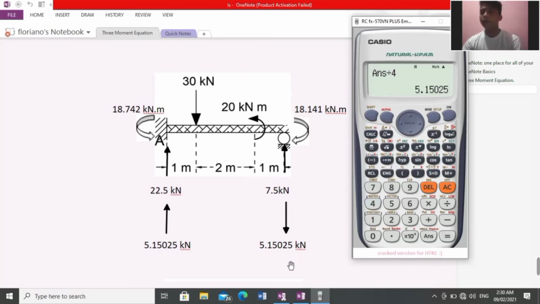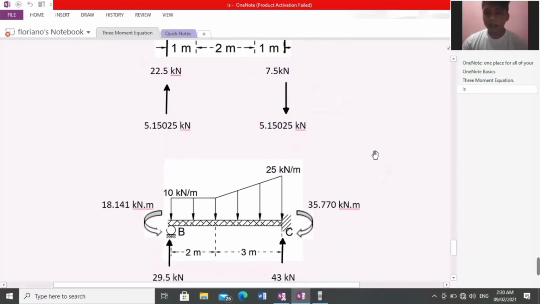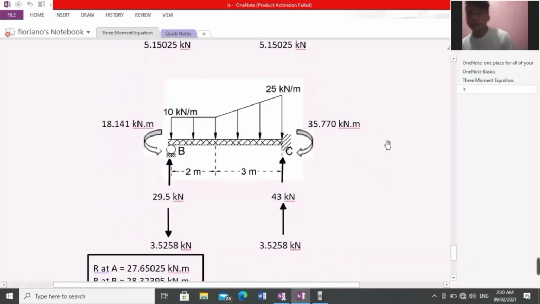So, ang sagot is 5.025 kN. So, ganun lang yung teknik ko sa pag-solve ng moment. So, ang sunod naman natin isosolve is yung isang span naman. Yung span BC. So, dito, in-apply na din natin yung moment.